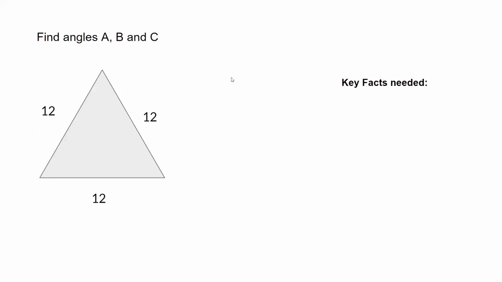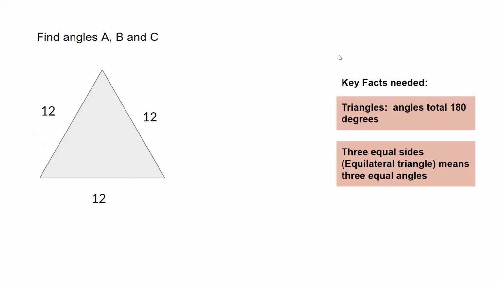All right, this one's a little bit different. Find angles A, B, and C. What facts do we need to solve this one? Once again, we want to keep in mind that angles total 180 degrees in a triangle. But we also need to know that when three sides of a triangle are equal, that makes something called an equilateral triangle. It means that the angles are also equal.